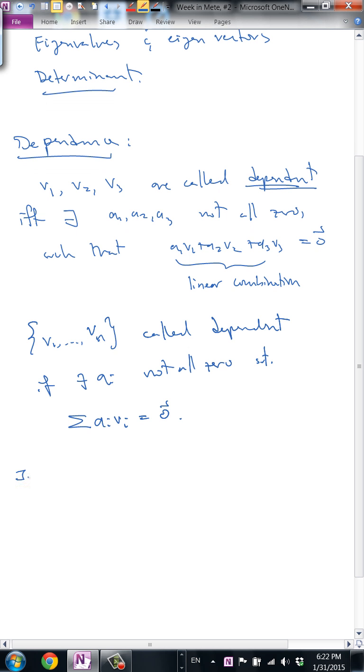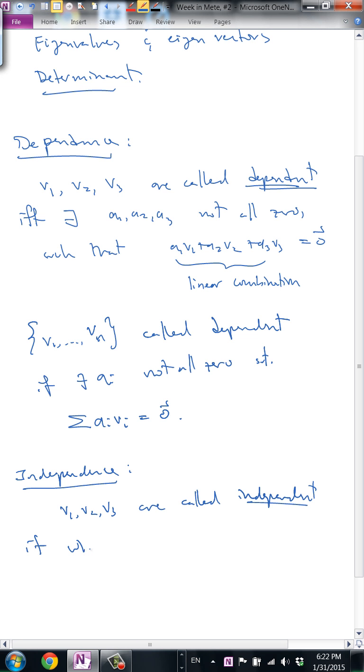So therefore, independence is the opposite. So v1, v2, v3 are called independent if the only way that I can combine them to make the 0 vector is by multiplying them all by 0. So if a1 v1 plus a2 v2 plus a3 v3 is equal to 0, that implies it can only happen if a1 equals 0, a2 equals 0, a3 is equal to 0.